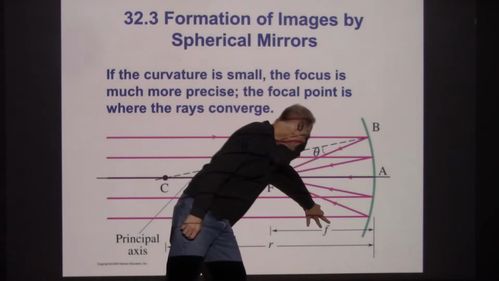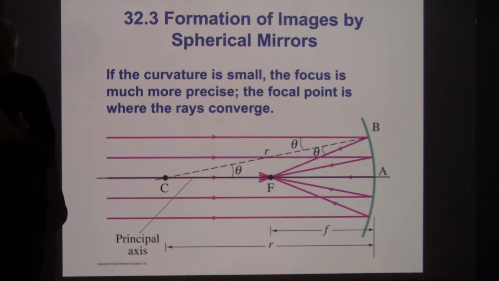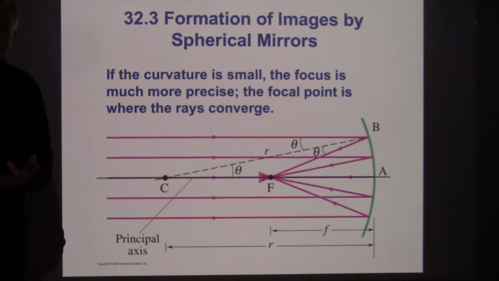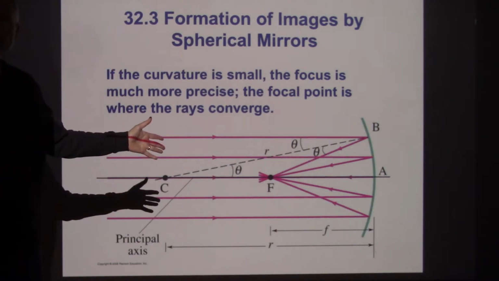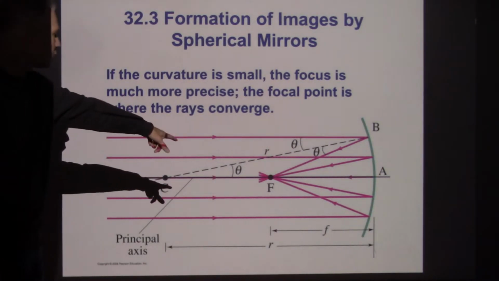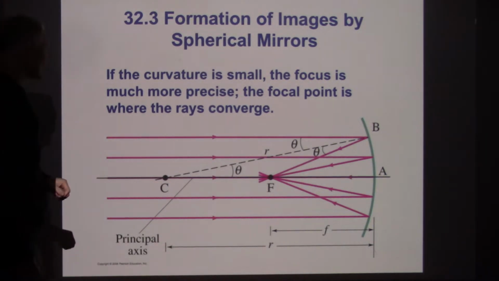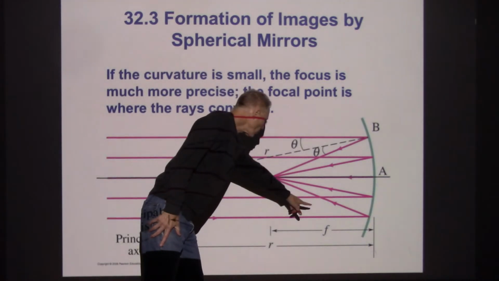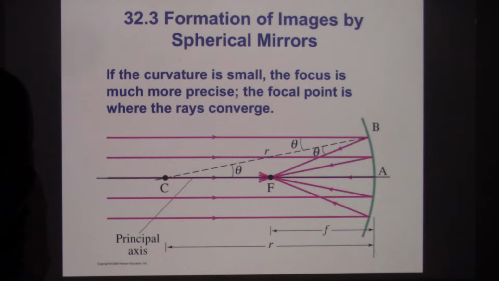So that distance is called the focal length. So we have a focal point and we have a focal length. And the focal point is a point on the drawings, the diagrams that we make, and the focal length is going to show up in some formulas here in just a minute. So again, the focal length is going to be 1/2 of the radius of curvature.